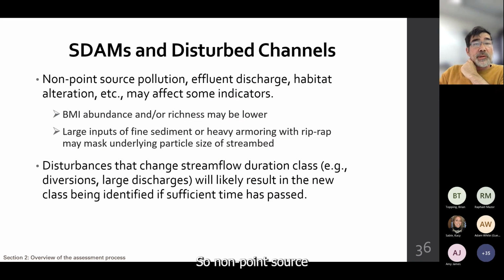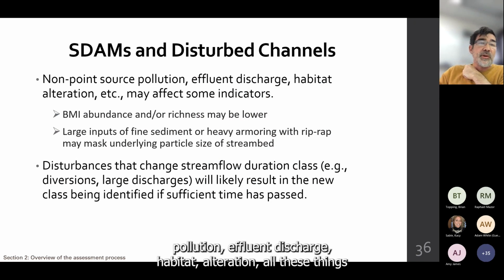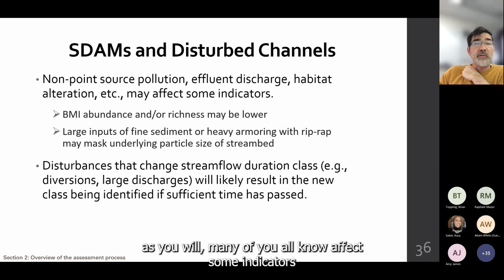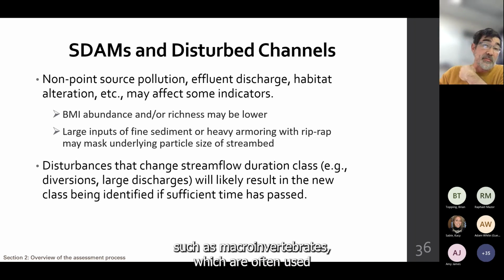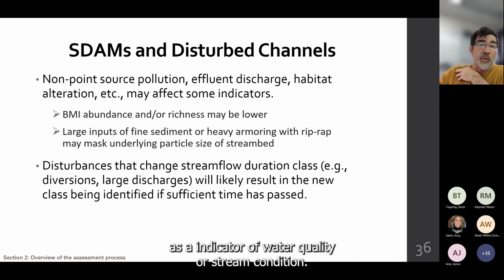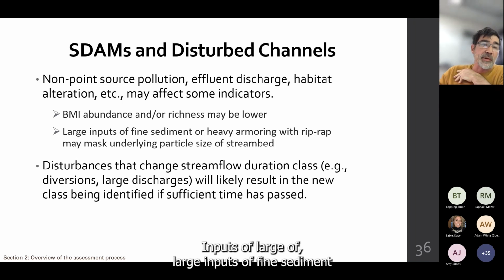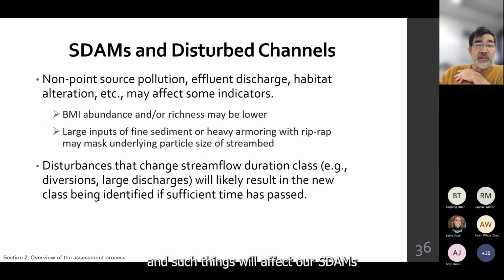So non-point source pollution, effluent discharge, habitat alteration, all these things, as many of you will know, affect some indicators such as macroinvertebrates, which are often used as an indicator of water quality or stream condition. Large inputs of fine sediment and armoring from riprap and such things will affect our SDAMs, because we have those indicators.